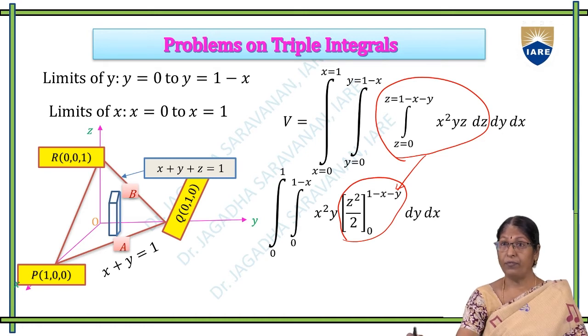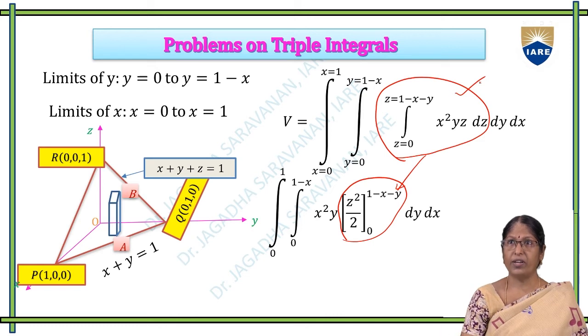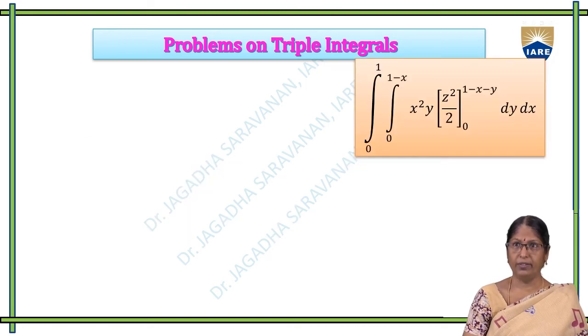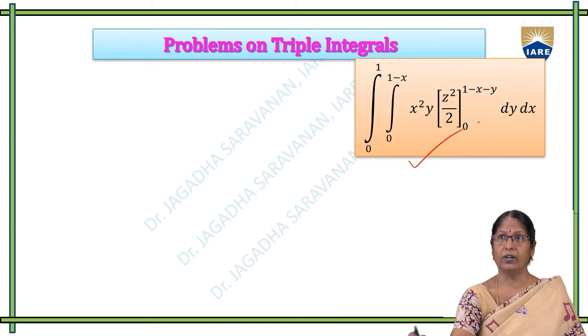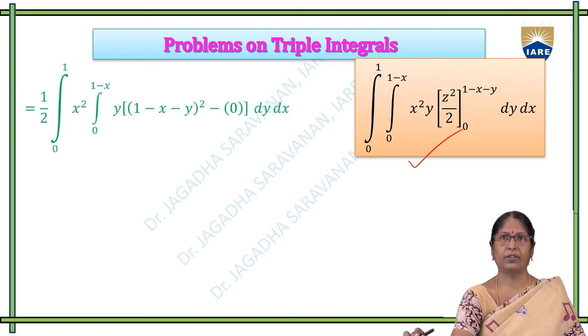Now the leftover work regarding our interior integration is the substitution. So substitution 1 is this last step, what we obtained in the previous slide.